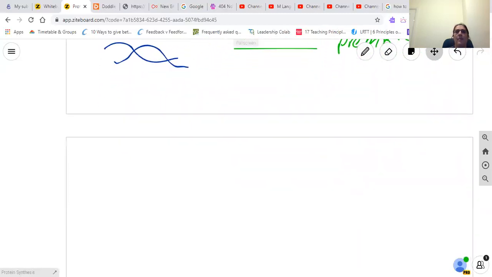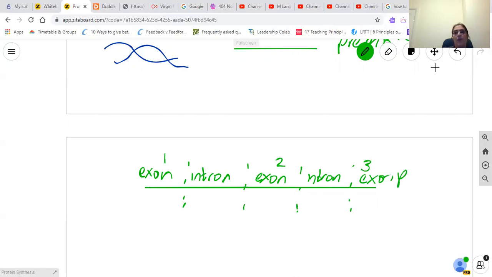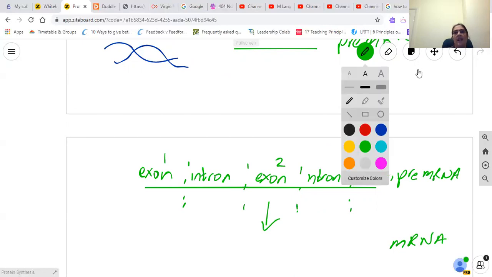So what is pre-mRNA? Well, if you actually look at messenger RNA, what we know is we can divide it into what we call introns and exons. And we'll label the exons 1, 2, and 3. Because in order to make pre-mRNA function as mRNA, you have to splice out those introns, which means you effectively have to remove them.